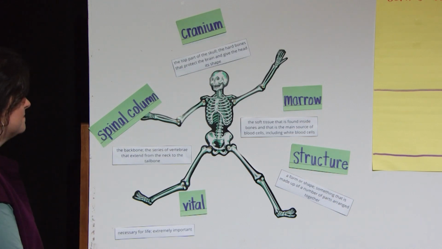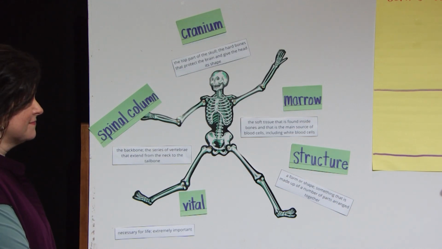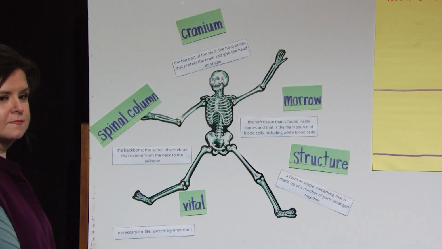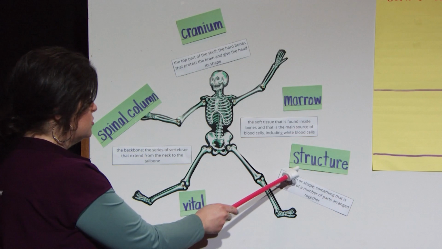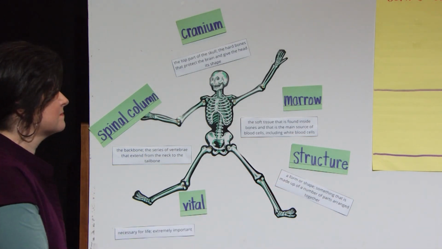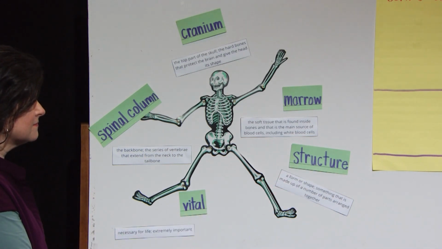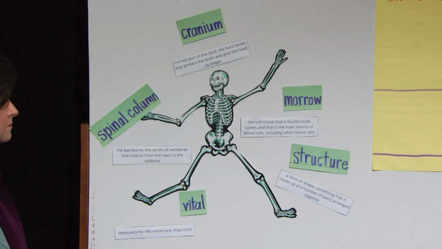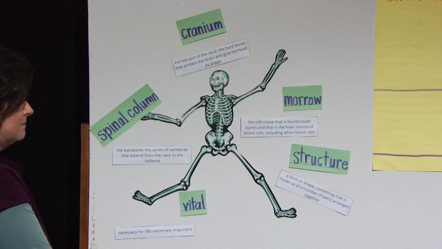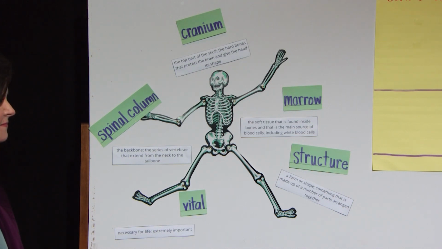Spinal column. All right, that's our backbone. It's the series of vertebrae that extend from the neck all the way down to the tailbone. Structure. That's a form or a shape. It's something that's made up of a number of parts arranged all together. And vital. Necessary for life. Extremely important.